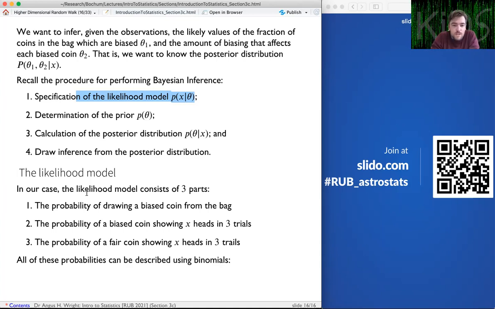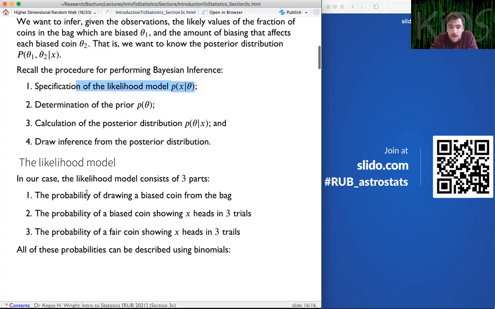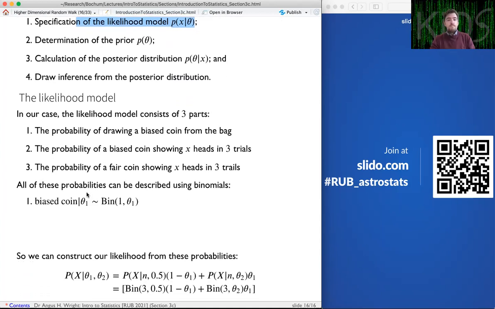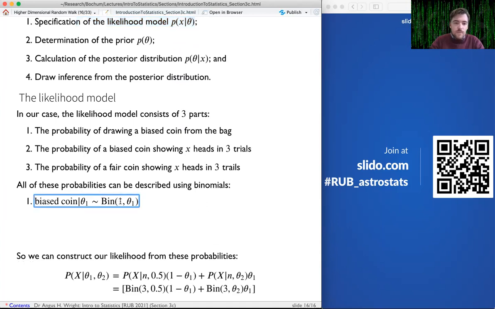The probabilities of each of these can be described with binomials, so that shouldn't be surprising. The results of a biased coin, given some bias θ1, follow a binomial drawn from n equals 3 and bias equal to θ1.